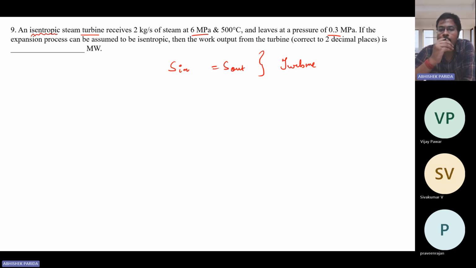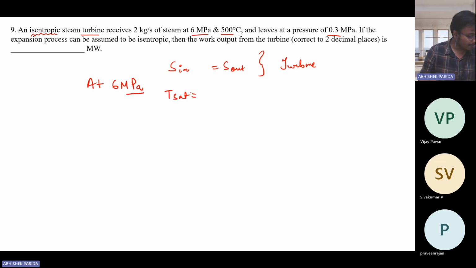That's all, this much we get. How will this help? Because at this location, at 6 megapascal and 500 degrees Celsius, you will find that it is not in a saturated condition. How? Let's see. At 6 megapascal, T saturation is how much? We'll see that.